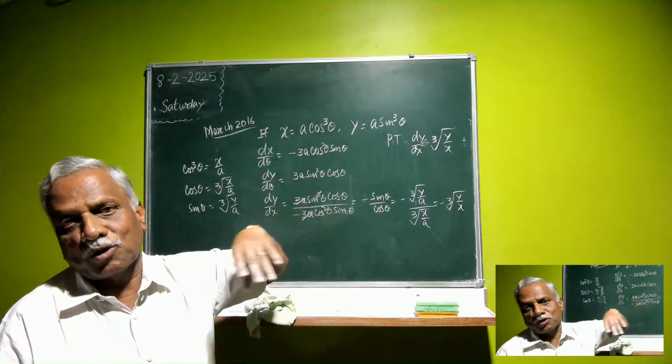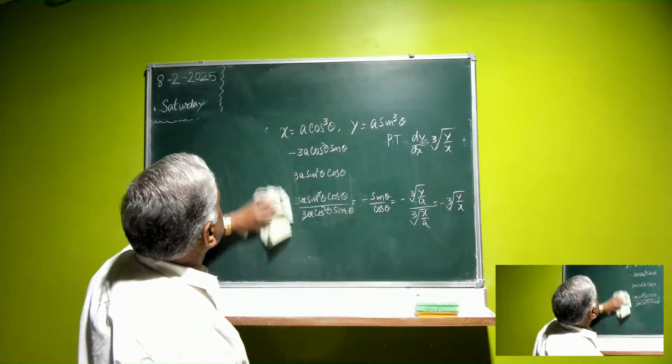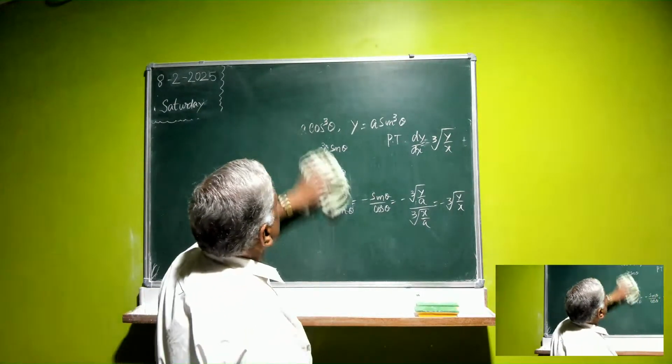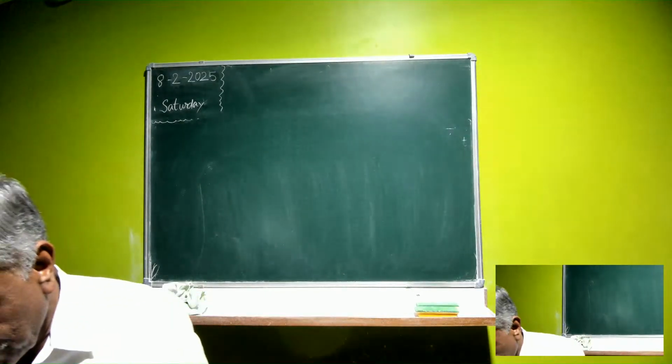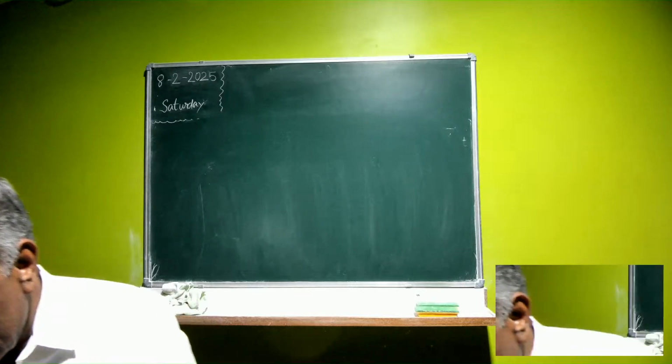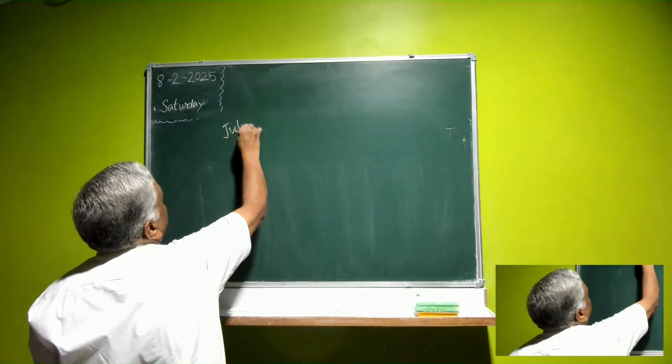So you have got to make use of the problem. That's the reason why you need to work the examination papers, so that these ideas you get. So we move on to July 2016. I'll write the problem.